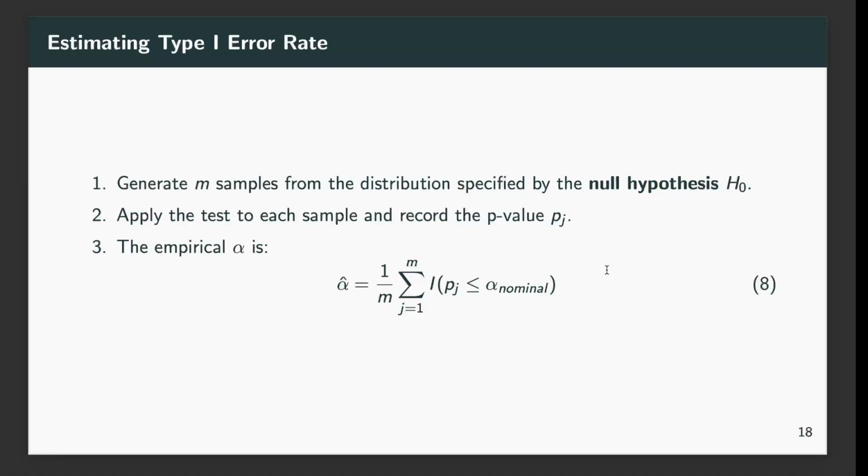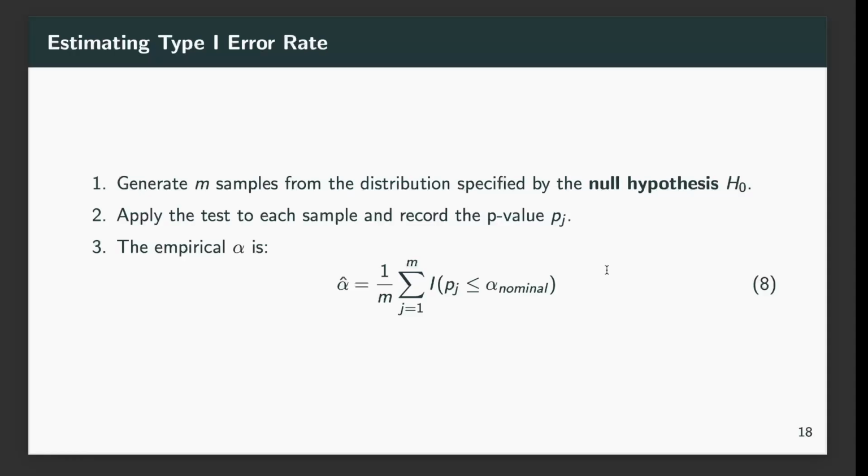Step 1 involves generating m samples from the distribution specified under the null hypothesis H naught. Step 2 is applying the test to each sample, and we record the p-value, pj, for each.